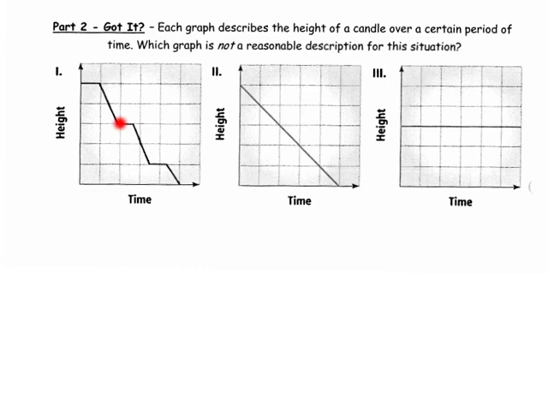Then you blow the candle out, so it remains at that height, and then you burn it again. You blow it out, it remains at that height, and then you light it again to burn it until it is all the way down and the wax has gone away. So, which graph is not reasonable? That would be 3, because assuming you buy a candle, you're going to burn it. So 3 is not reasonable.